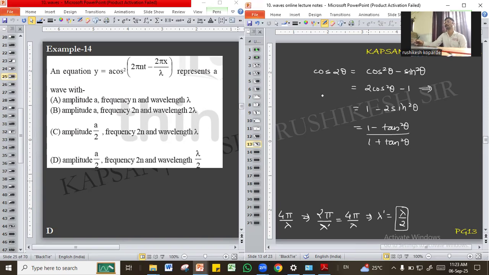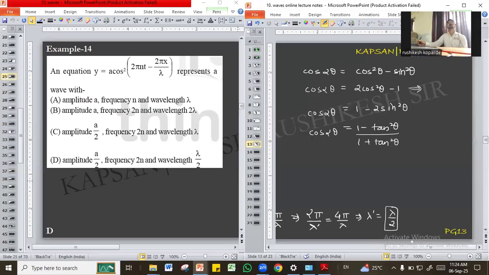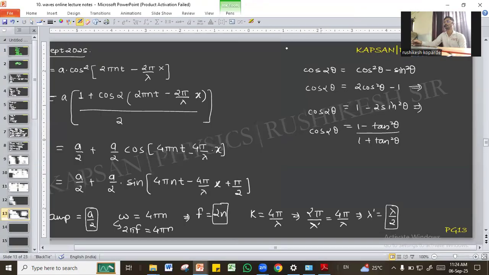From this formula of cos 2 theta, you can figure out replacements for cos square theta and sin square theta. Using these two formulae, you can figure out replacements of cos square theta and sin square theta.